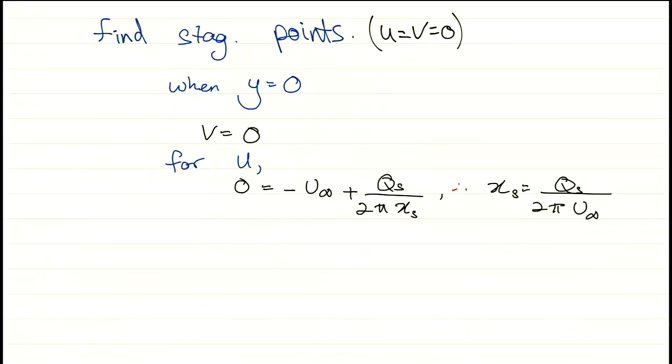Okay, so I'm just going to write it down. Therefore, the stagnation point occurs at qs divided by 2 pi u infinity, and 0.